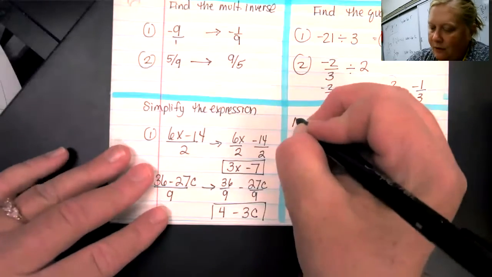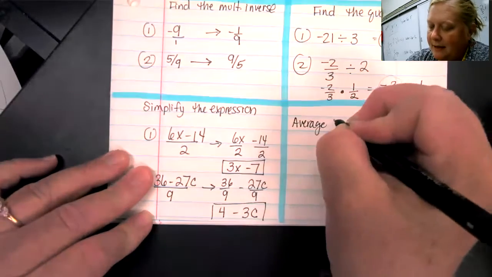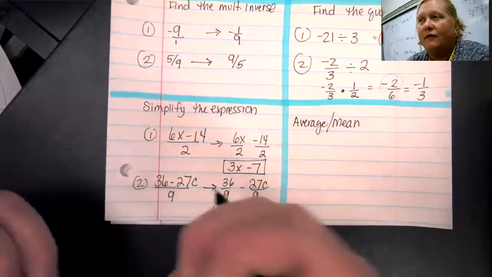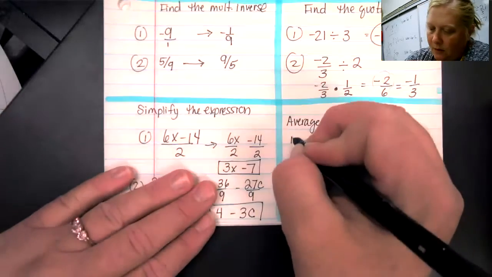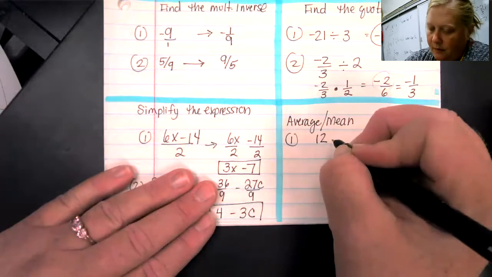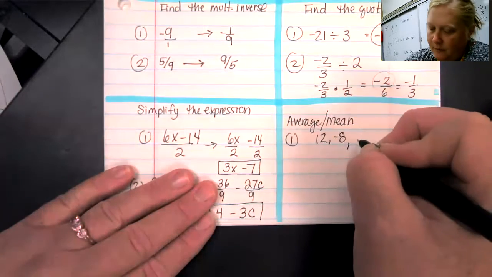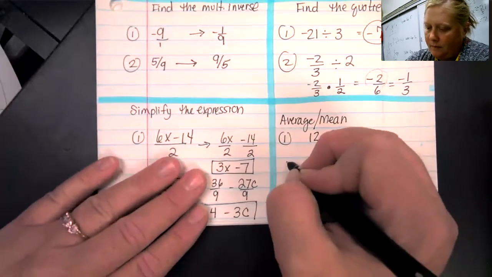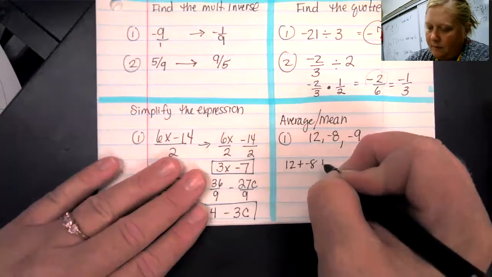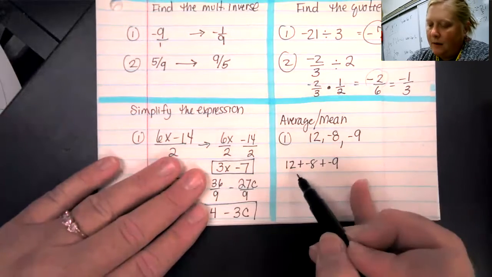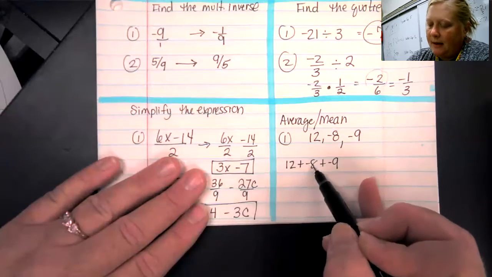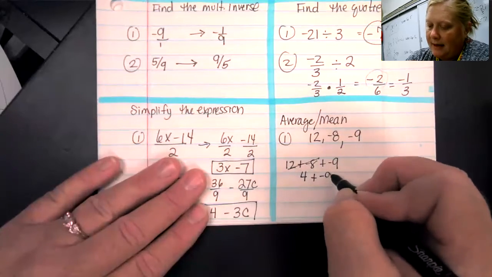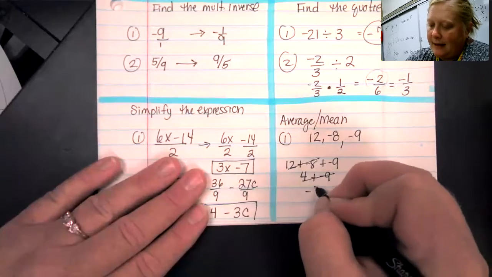The last part is average or mean, which means take everything, add it up, and divide by the number of terms that you're dealing with. So 12, negative 8, negative 9. Add them up. 12 plus a negative 8 is 4, plus a negative 9 is negative 5.